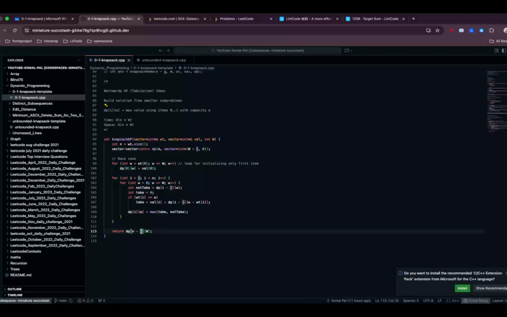So the state which we need to return will be n minus 1 and the maximum capacity, that is the capital W. When we return that, we will get our answer because it will be stored there as the state. That's why we need to return the answer like this. I hope you are clear with this.